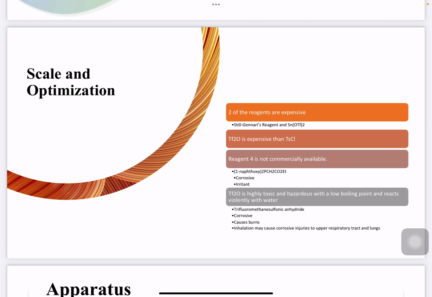Also, it is corrosive and an irritant. It is the same as trifluoromethanesulfonic anhydride, the Tf2O. It is also corrosive and causes burns. Inhalation of this reagent may cause corrosive injuries to the upper respiratory tract and lungs.